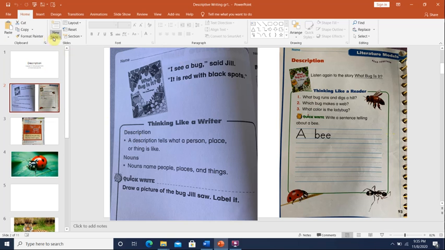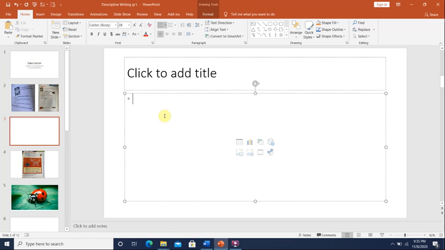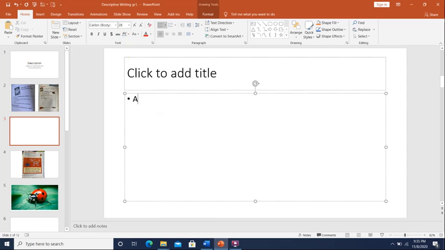I would say, a bee is black and yellow. This is one way we can describe a bee, right?